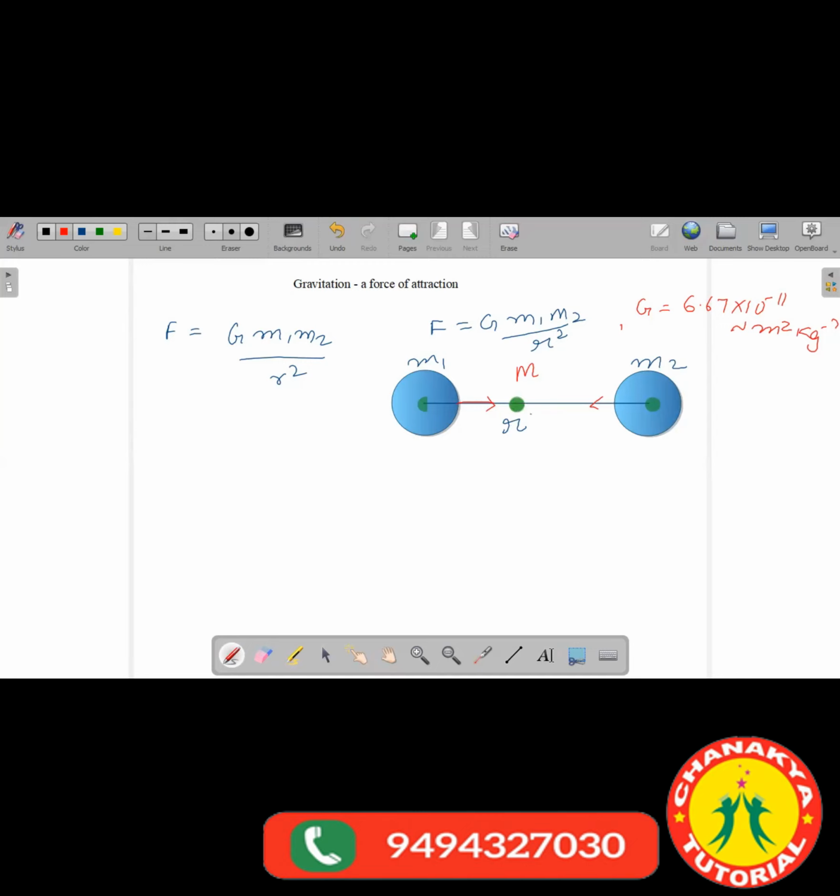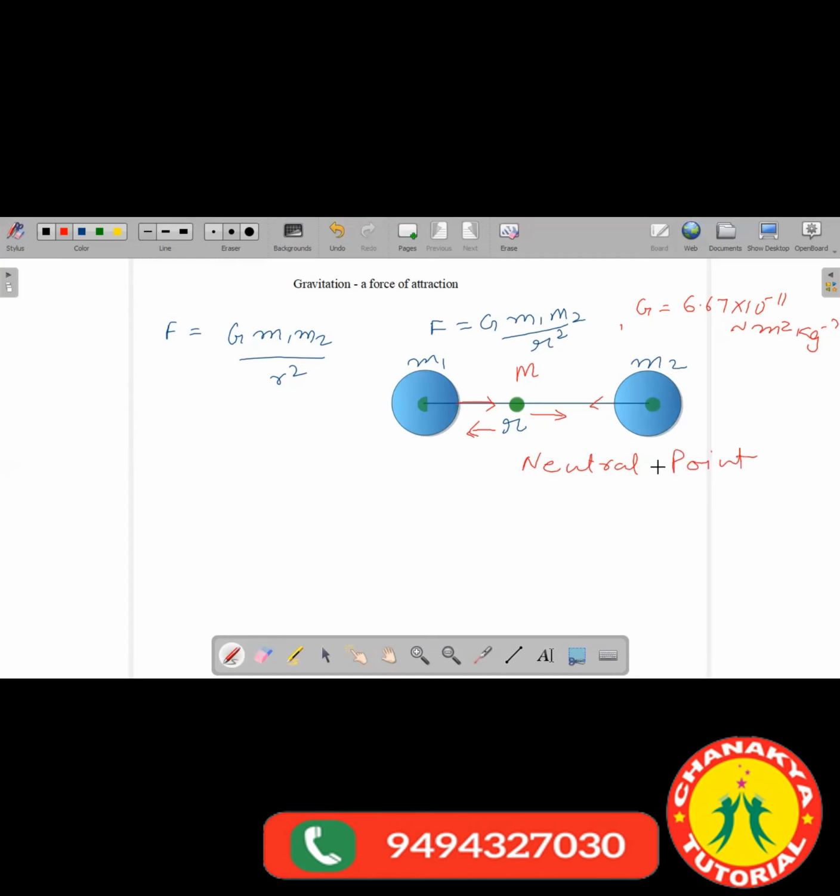It is being attracted by the mass m2 and also by the mass m1. So there must be some point where the two forces are equal to each other, and hence the net force experienced by this mass would be zero. The point where the net force experienced by this mass is zero, we call the neutral point.